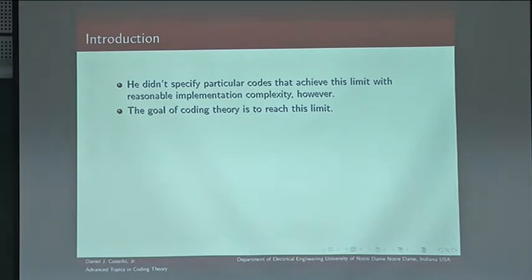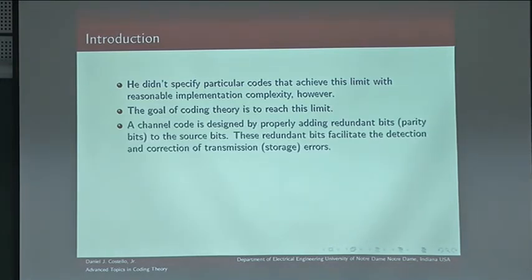You want it to grow linearly with the length of the code. That's the basic goal of coding theory. So for a channel code, what you wind up doing is adding redundant bits, which are sometimes called parity bits, to the actual message or source bits which you want to transmit.